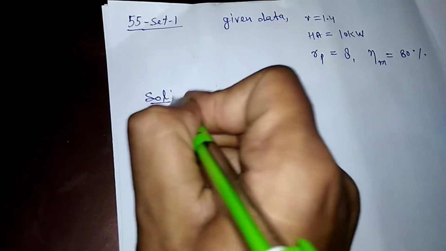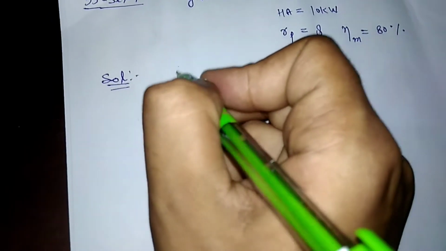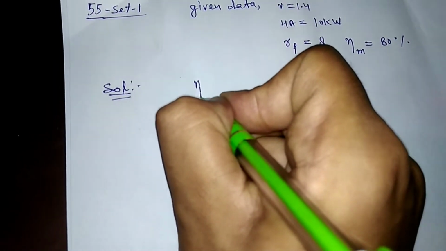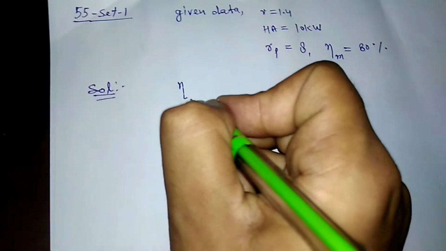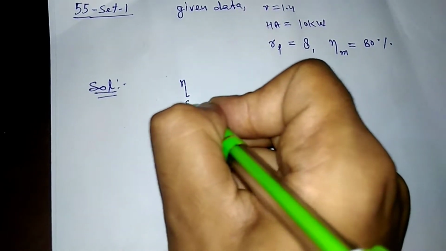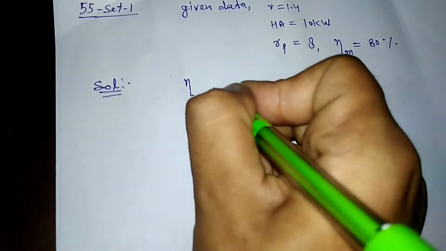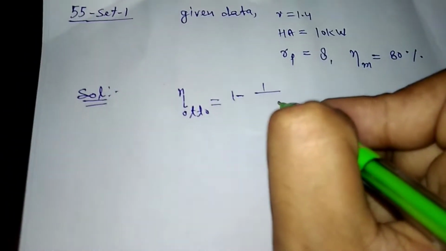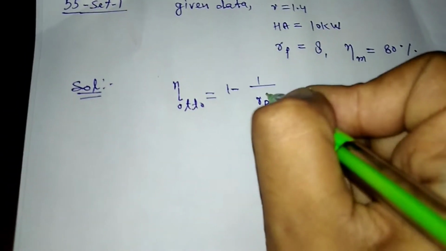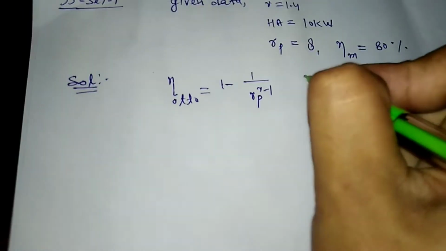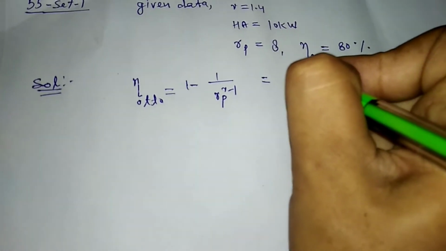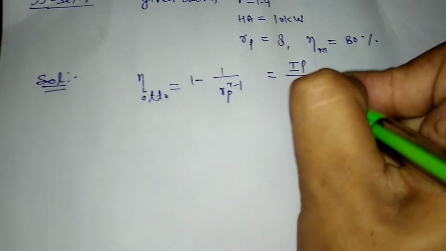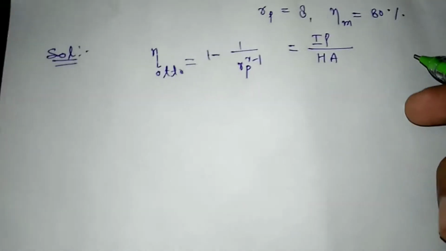The solution of this question will be like this. As we know that the efficiency of air standard Otto cycle is equal to 1 minus 1 upon rp to the power gamma minus 1, and it is also equal to indicated power upon heat addition.